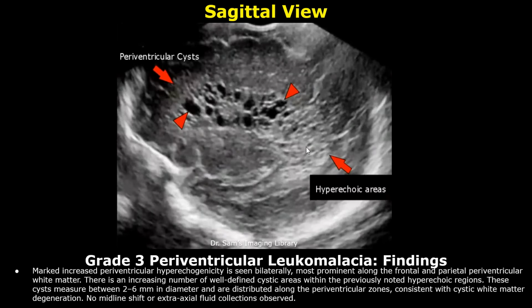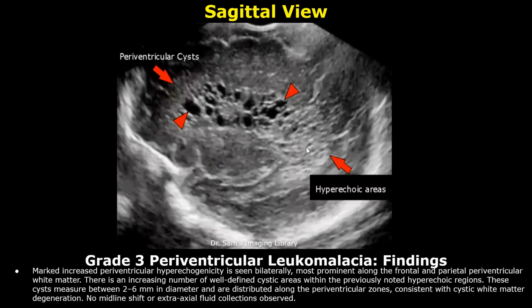matter. There is an increasing number of well-defined cystic areas within the previously noted hyperechoic regions. These cysts measure between 2 to 6 millimeters in diameter and are distributed along the periventricular zones, consistent with cystic white matter degeneration.